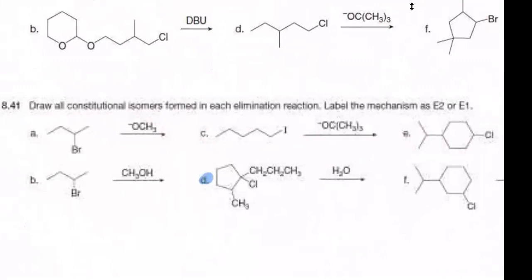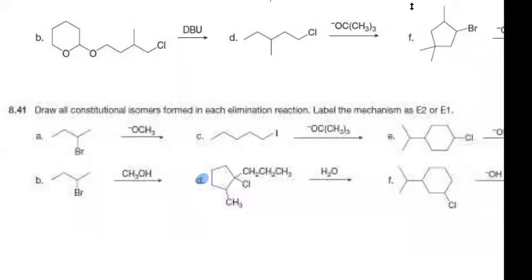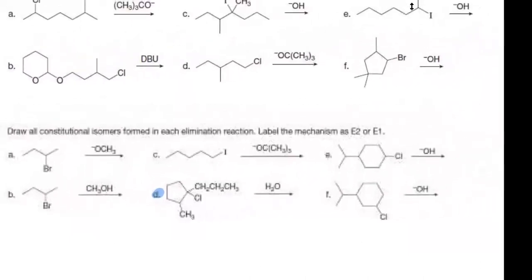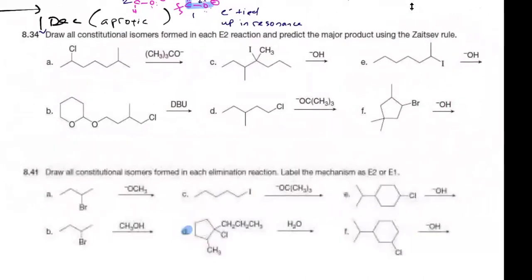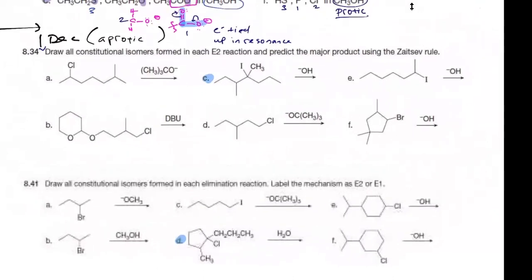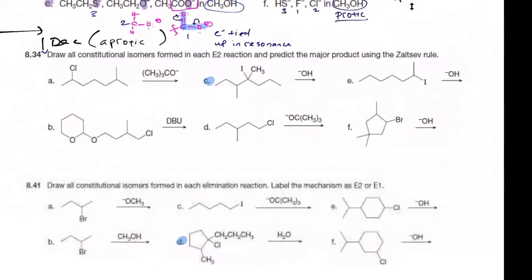D and C up here. 834C and 834D. So if you don't have the handout, you can take a screenshot real quick.